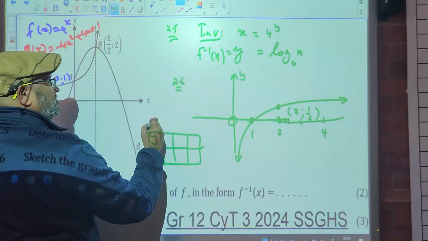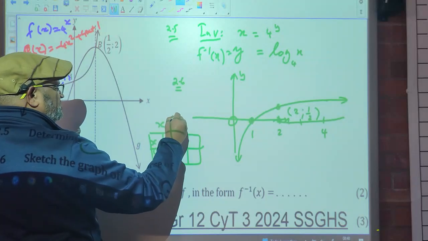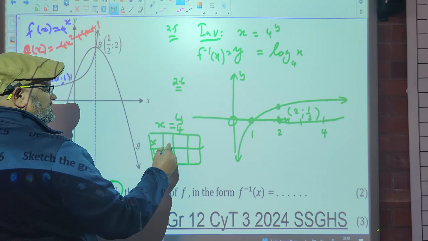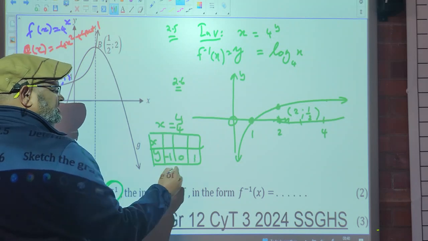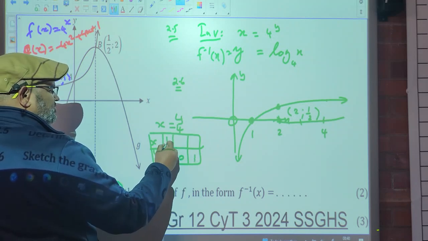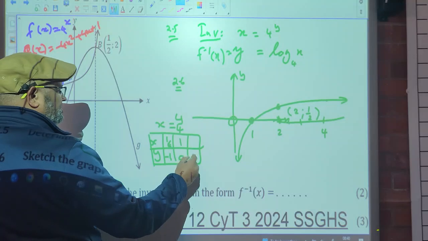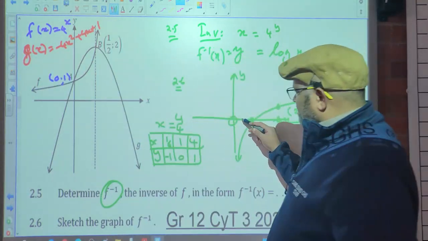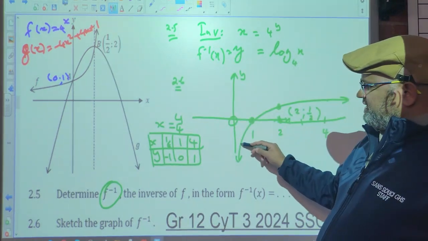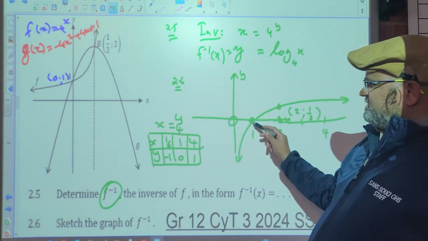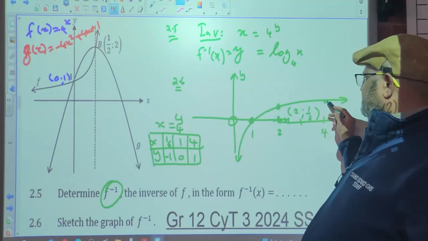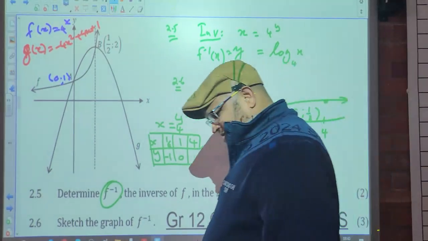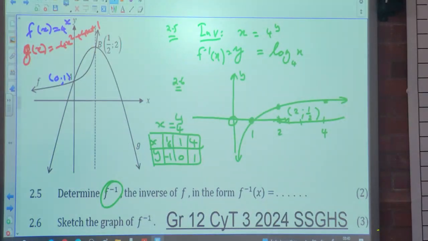Remember, that will be in the form of x is equal to 4 to the y. So we make y minus 1, 0, 1. Minus 1 will give you a quarter, 0 will give you 1, and 1 will give you 4. So when I plot now, it will be a quarter and minus 1, 1 and 0, and then 4 and 1 will be there. It's another way that you could have drawn the graph.